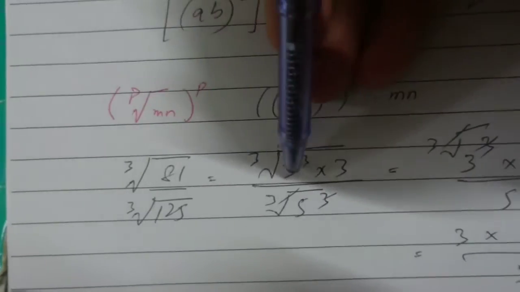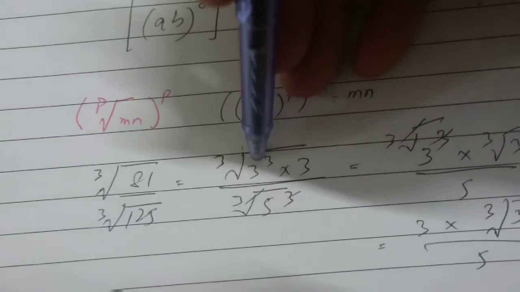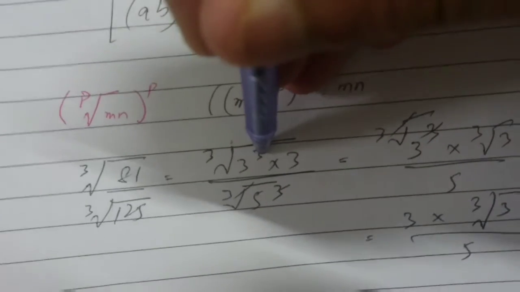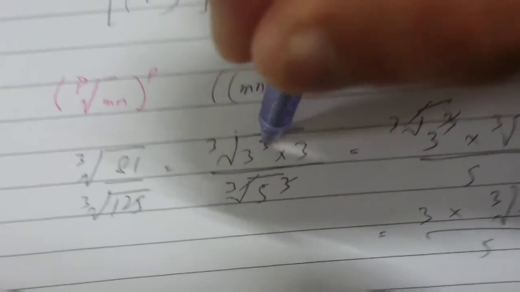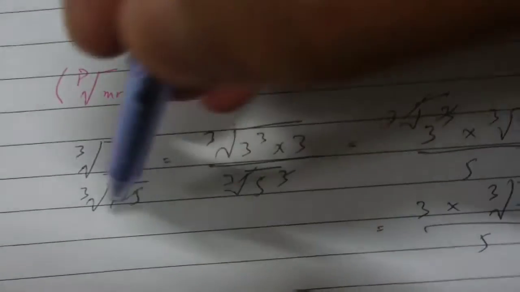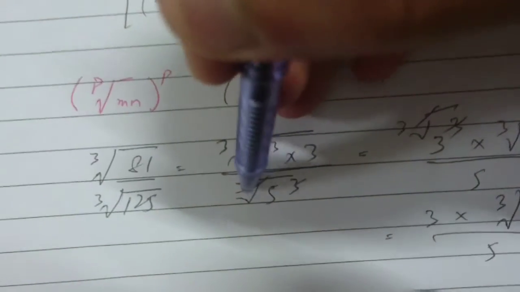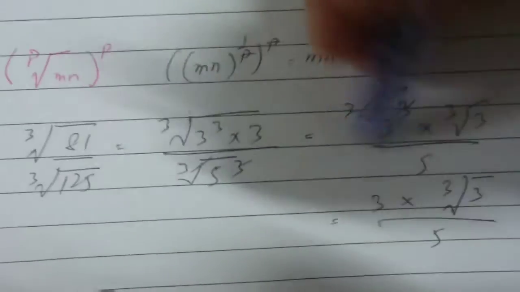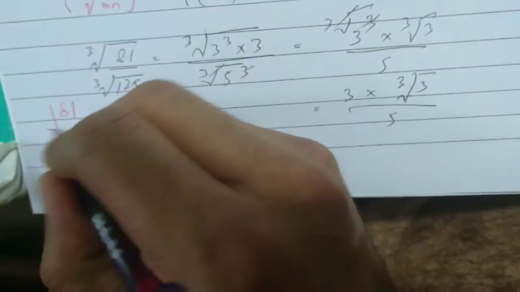What I have to do is make some numbers with a power of cube, which will be cancelled out. If it's not coming, you cannot go further, but I have to make it like that so you can understand. The LCM of 125 is 5 cubed, that will be cancelled out, and the single 5 remains. Same here with 81.